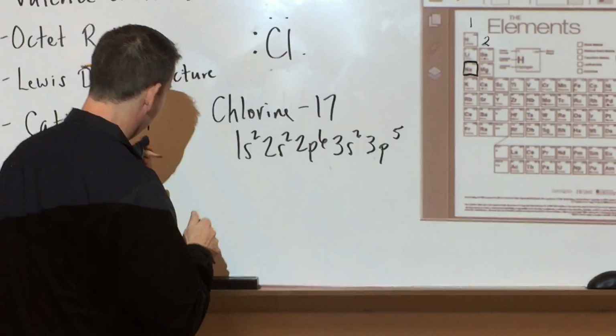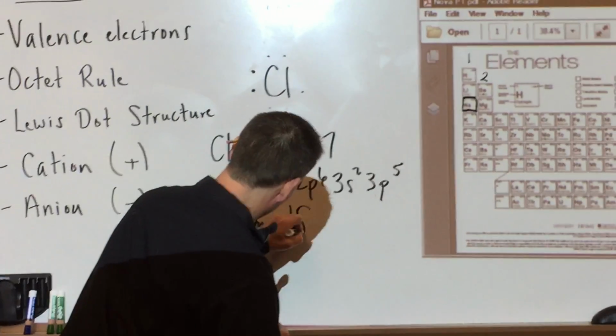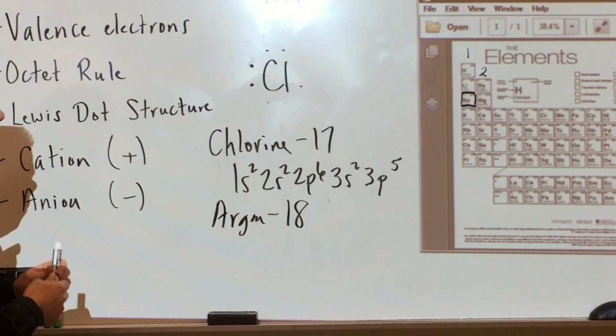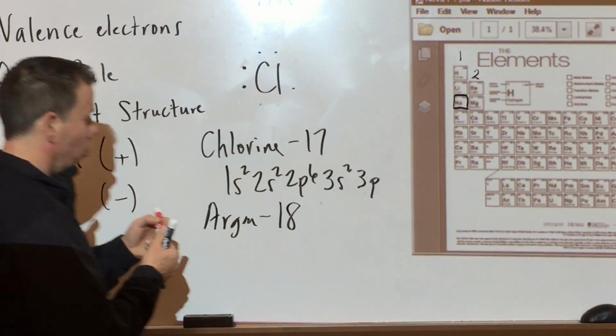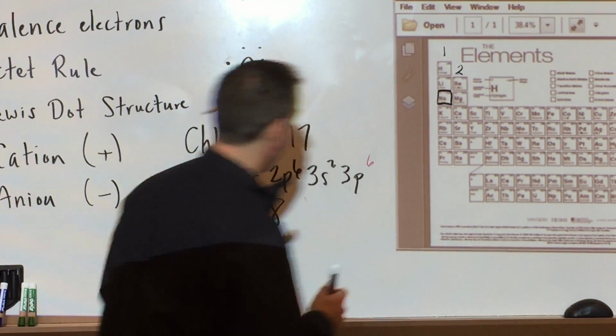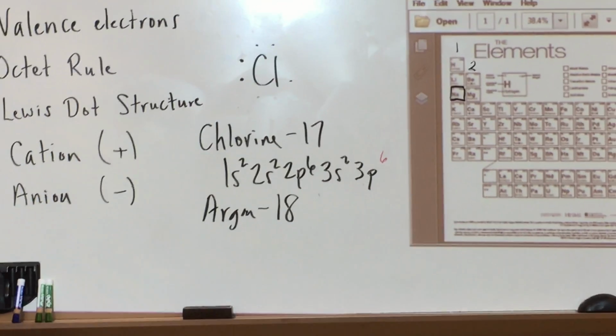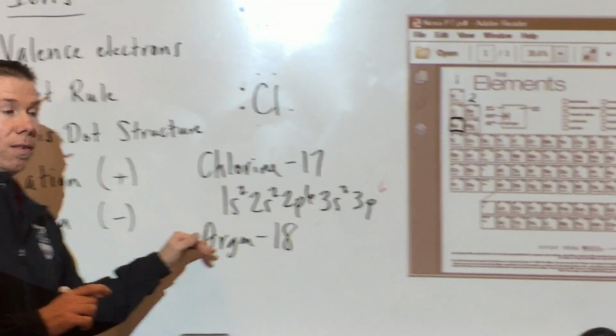Argon is element 18. And so if chlorine added 1 more electron, it would look like argon.